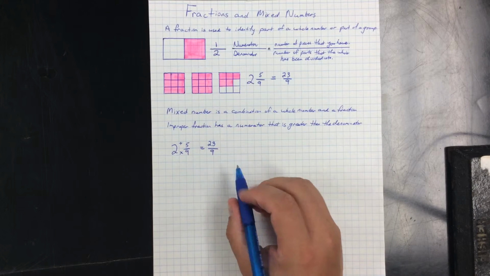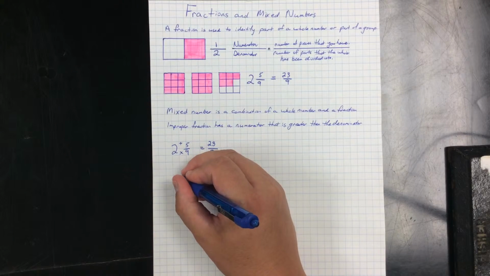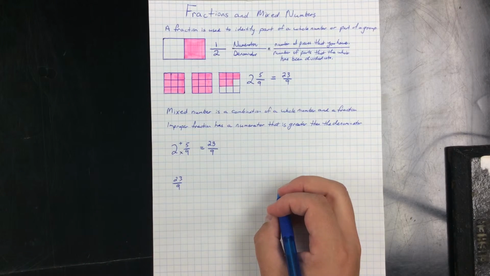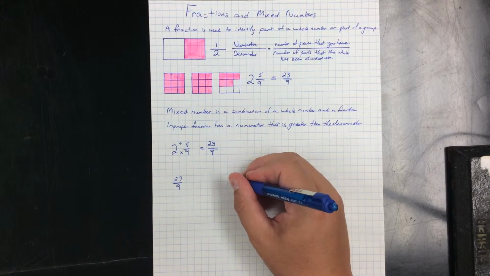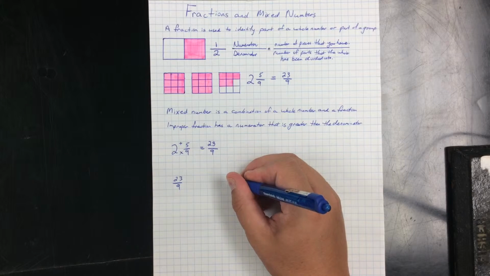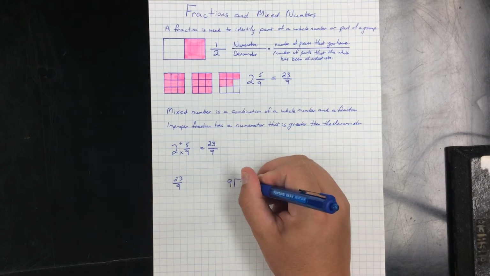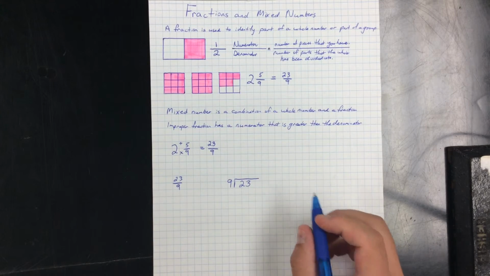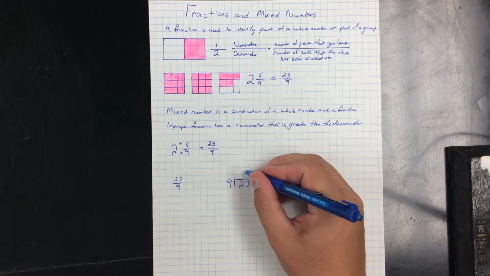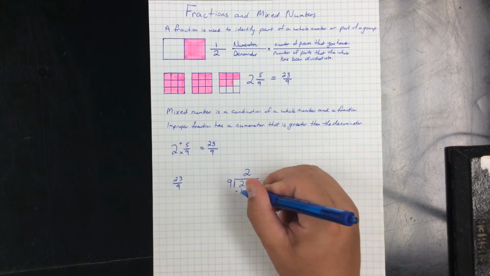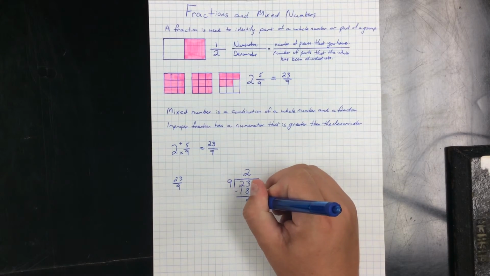If I wanted to go the other direction and take my 23 ninths and make it a mixed number, I would do this as a division question, and I would say to myself, how many times does 9 go into 23, or what's 23 divided by 9? So I know 9 times 2 is 18, and I end up with 5 left over.